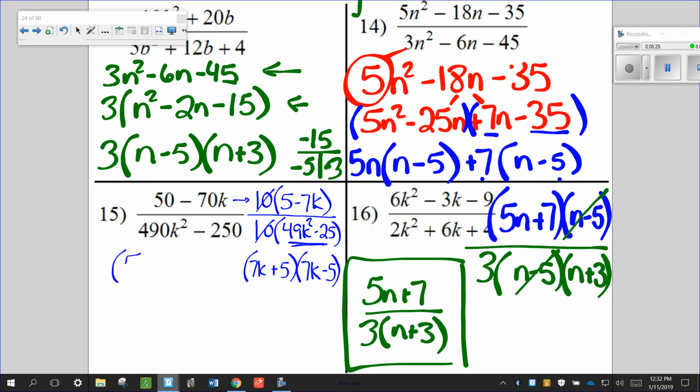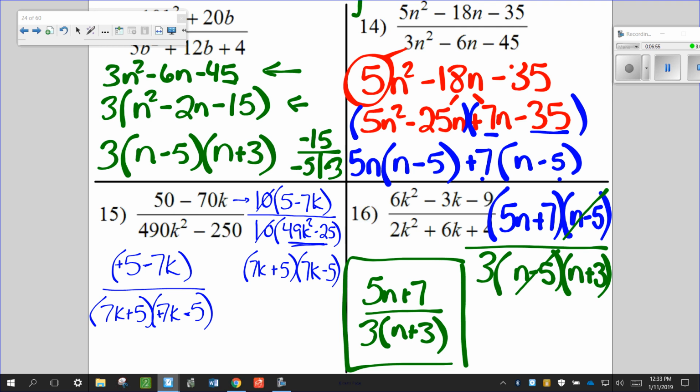So now we have 5 minus 7k over 7k plus 5, 7k minus 5. All right? None of these are exactly the same, but are any of them exactly the opposite? Well, here I have a positive 5, and here I have a negative 5. Here I have a negative 7k, and over here I have a positive 7k.